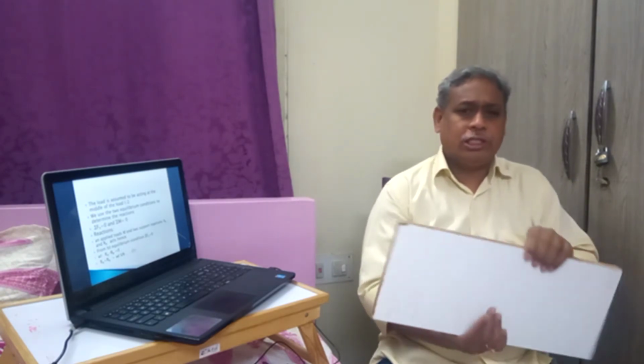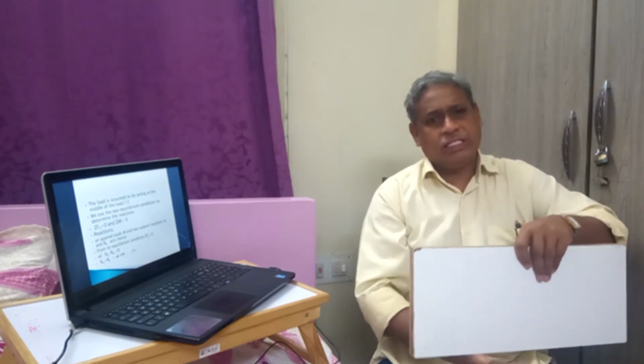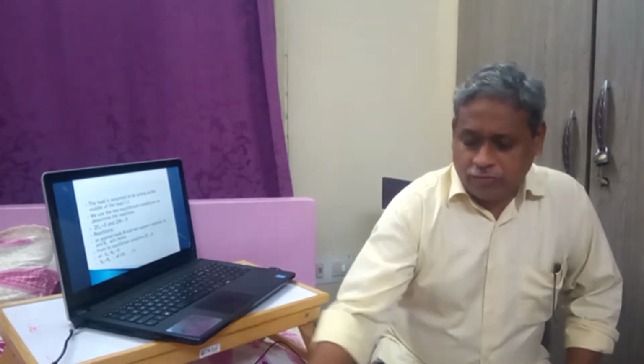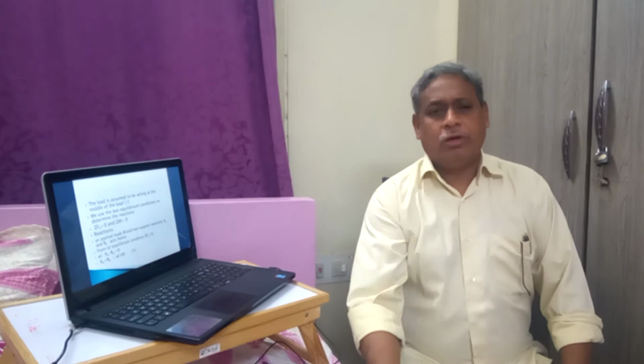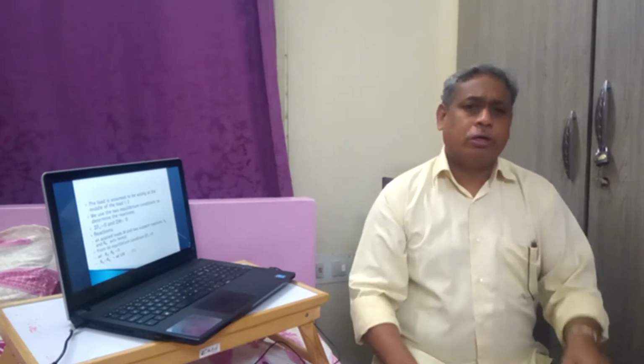Let us suppose this plank is around 1 kg or 10 newtons, then this 10 newtons load will be acting at the middle of this beam, the length of the beam. That is how we solve the problems of uniformly distributed load. So the load is assumed to be acting at the middle of the loading, that is L by 2.